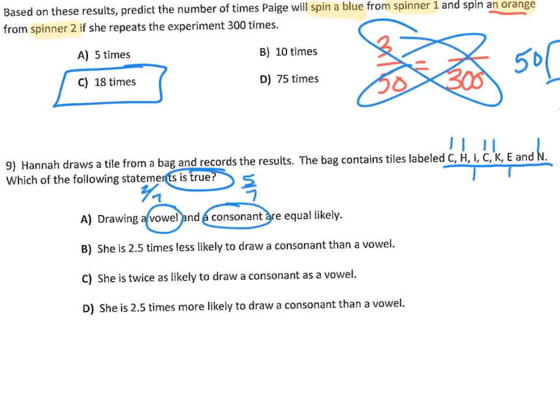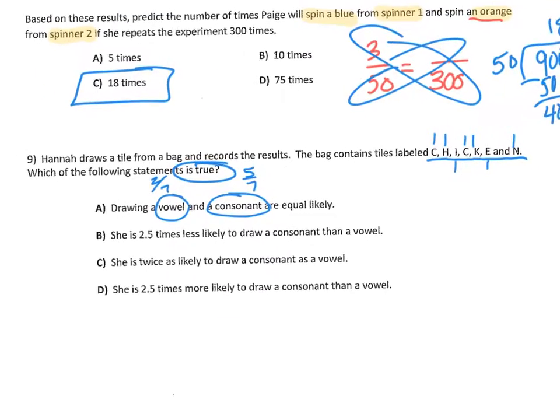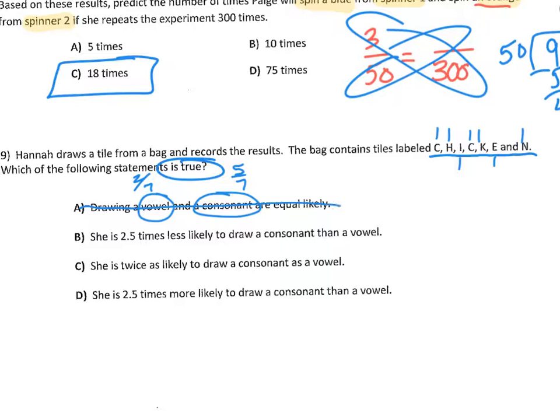So are they equally likely? No. B, she is 2.5 times less likely to draw a consonant than a vowel.